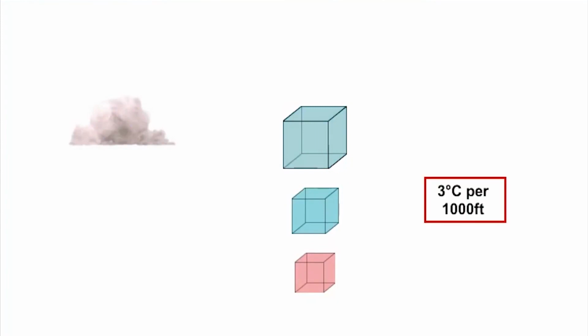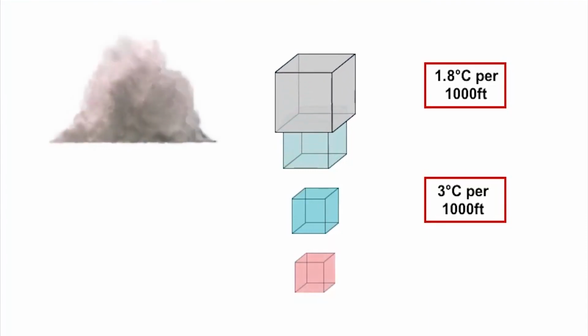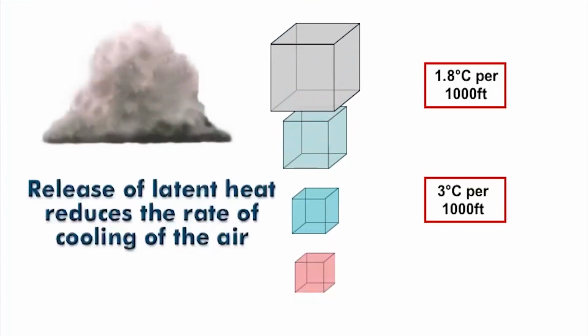If the process of lifting and cooling continues, then more vapour condenses, releasing more latent heat. The release of latent heat has the effect of slowing down the rate of cooling. Therefore, the lapse rate in saturated air, that is, cloud, will be very different to that of unsaturated air due to the release of latent heat.